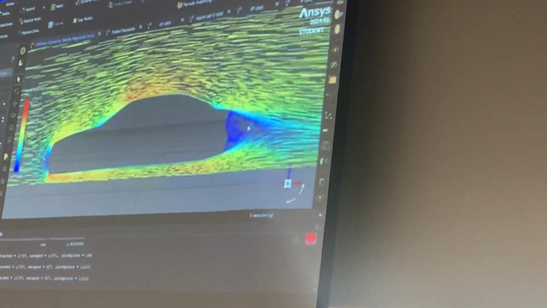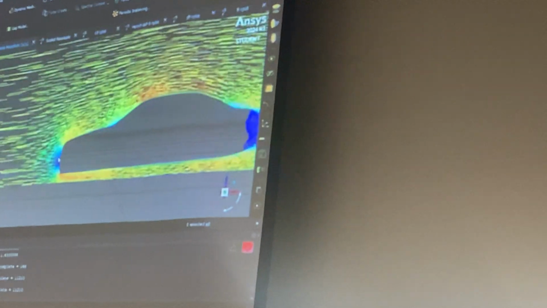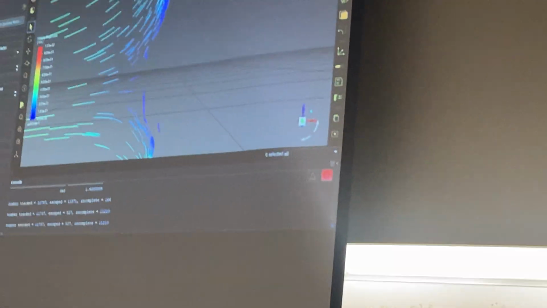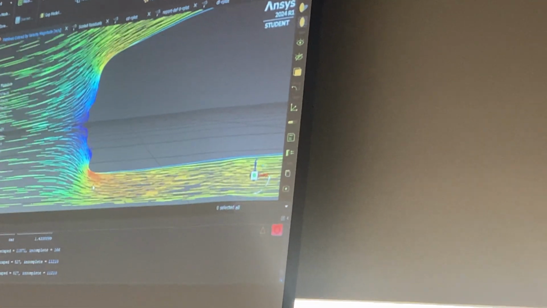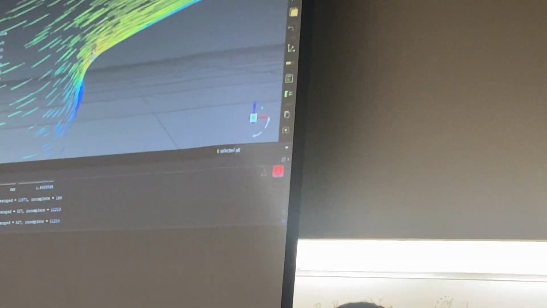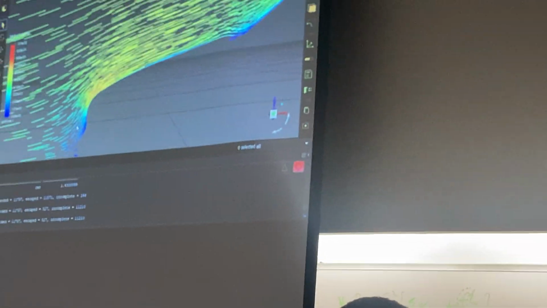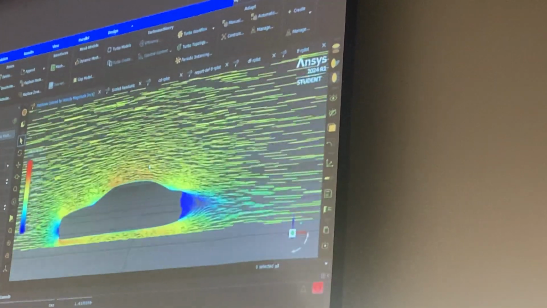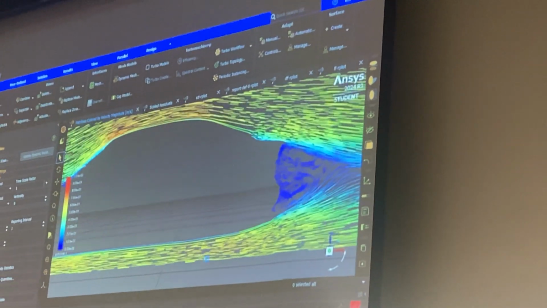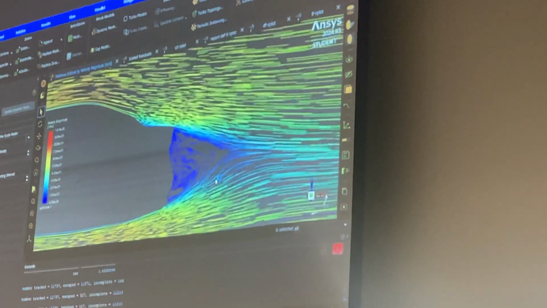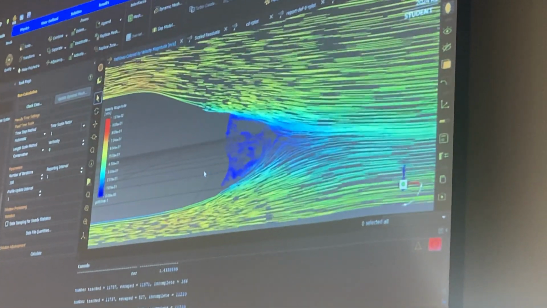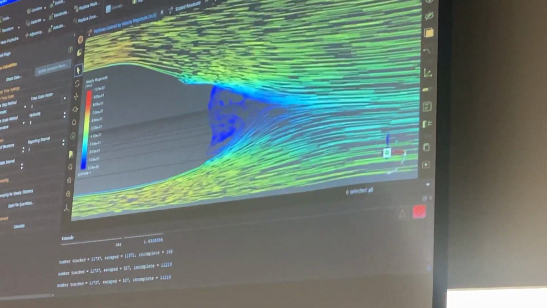So you can see it's moving over the car, and there's a much lower velocity at the stagnation point there. And it's increasing velocity at these points here. And obviously the wind is moving past the car, and then there's a little bit of a turbulence zone there at the back. So showing the same concepts from those other images.